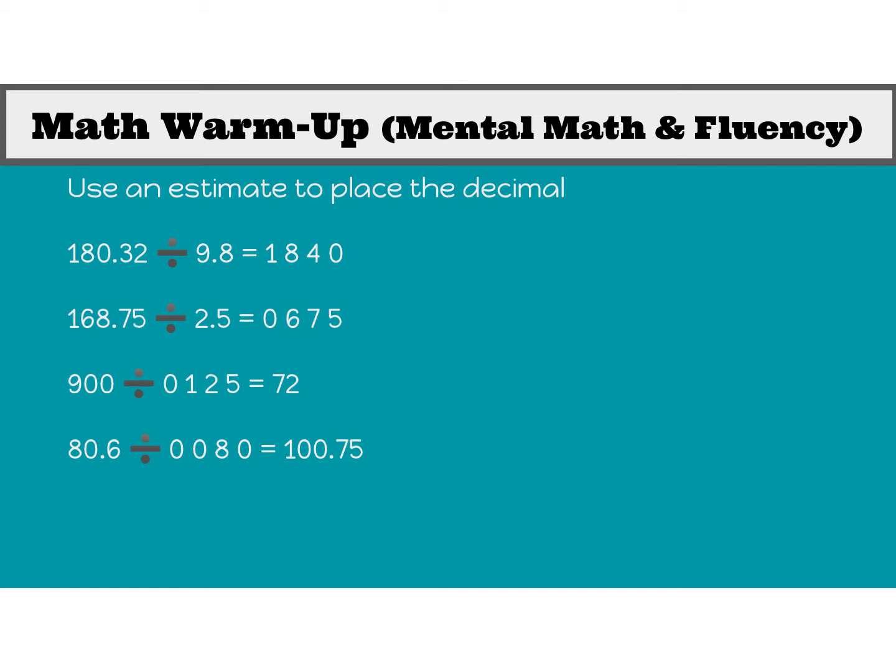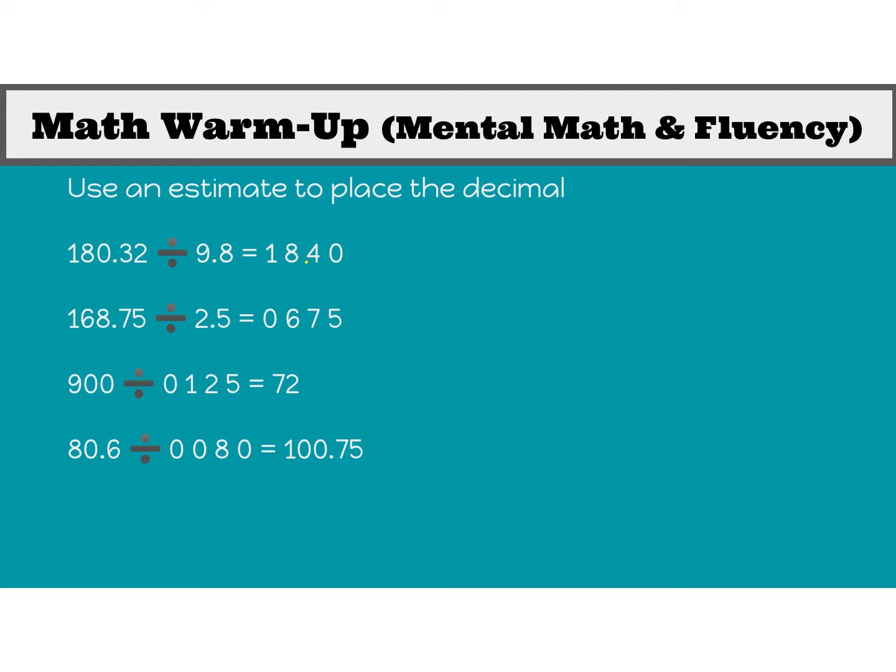So if you do an estimate method, do that, get your answer, decide where to place your decimal. We would place that decimal between the 8 and the 4. So right there.